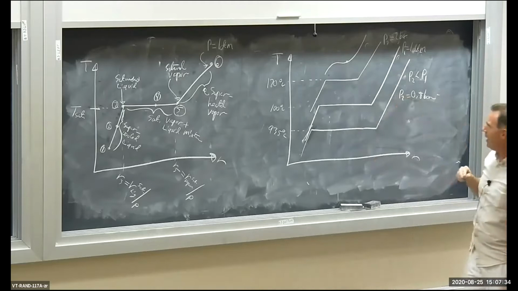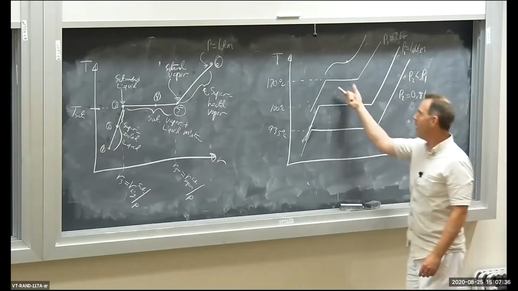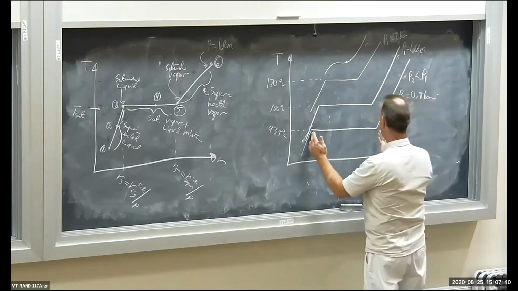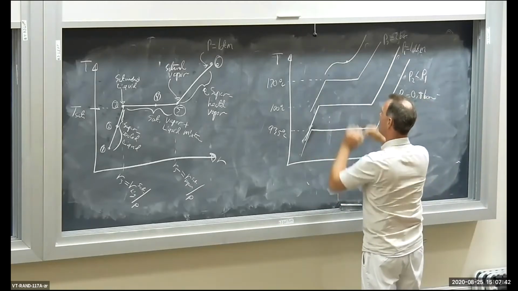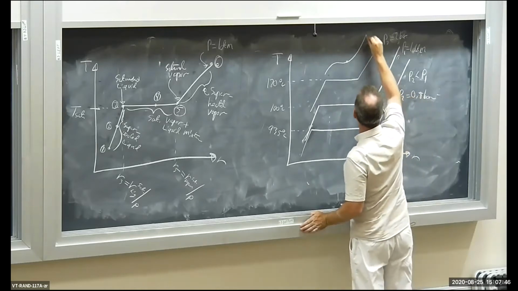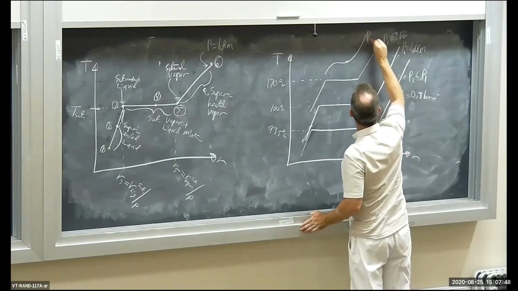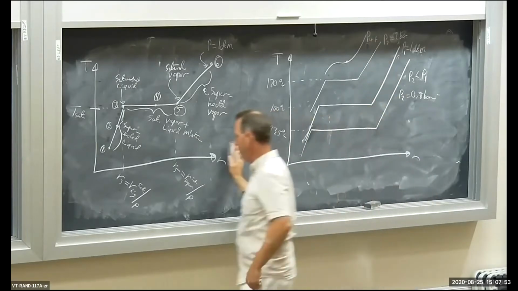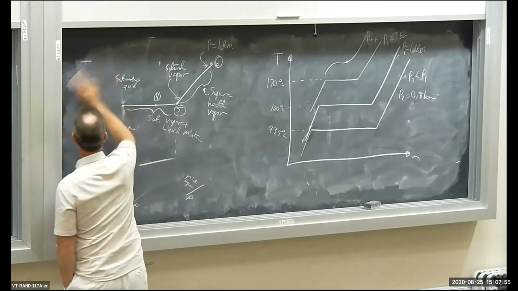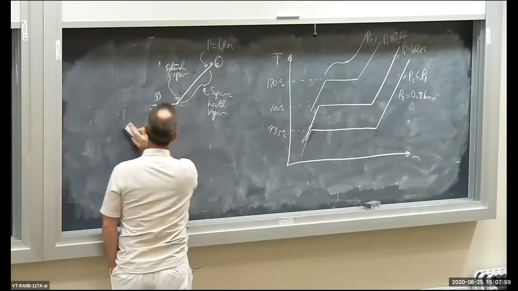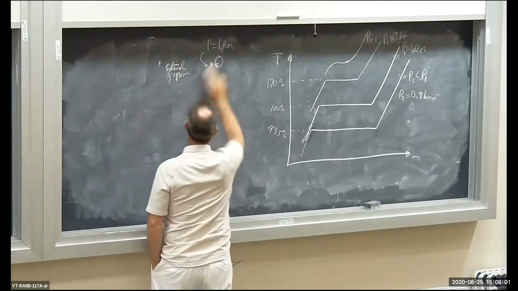On that last isobar, the boiling actually disappears, the gap between the saturated liquid and saturated vapor specific volume vanishes. This pressure is called P critical, the critical pressure.